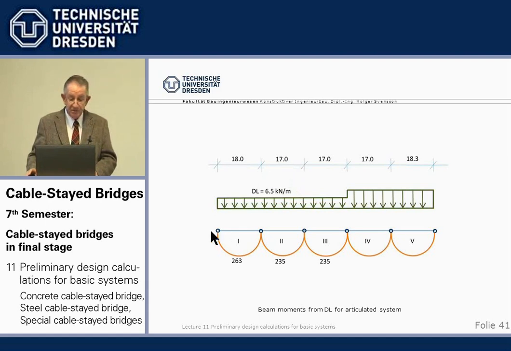Basically, what comes in addition is, as we would say in German, the QL squared eighths, which are hung into the life load moment envelope. I calculate the dead load moment for an articulated system, which is the same. So we have 263 kilonewton meter from dead load.